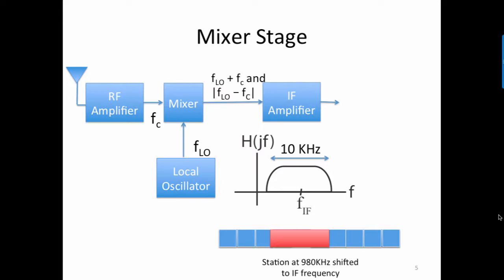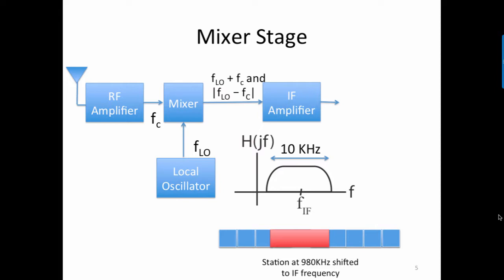If the IF amplifier has a bandwidth of 10 kilohertz, the same as that of the received AM station, then it will be the only signal to pass through the IF amplifier and into the demodulator, and hence the only one signal that is demodulated.